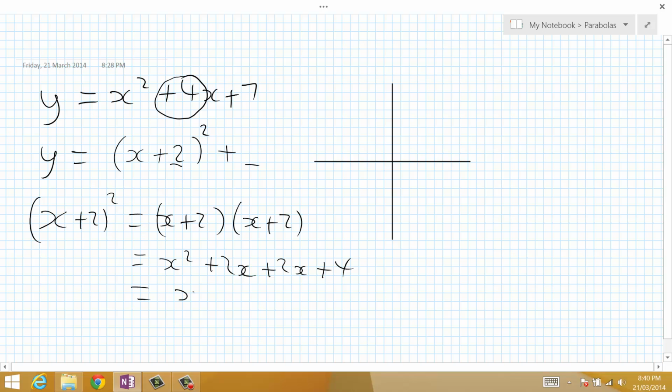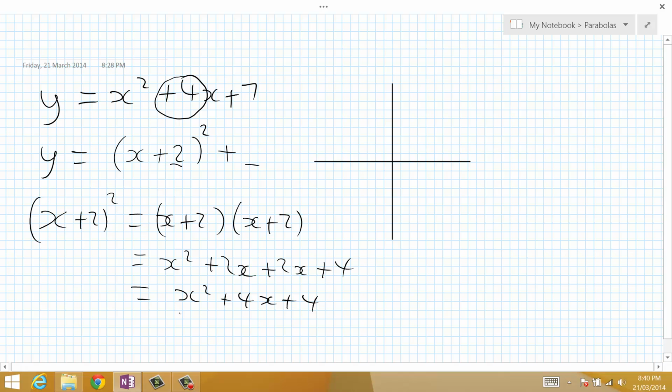We end up with x squared plus 4x plus 4. We are completing the square. We're trying to make this part a perfect square, and the only thing that works to give us our 4x from our original equation is 2. So x plus 2 squared is going to be the first part of our vertex form.